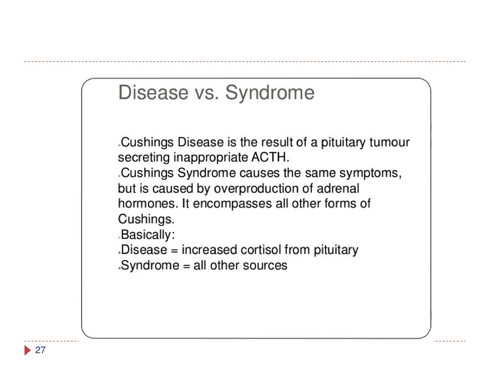A very important note on disease versus syndrome: Cushing disease versus Cushing syndrome. Cushing disease is the result of a pituitary tumor secreting inappropriate ACTH, while Cushing syndrome causes the same symptoms, but the problem here is caused by overproduction of an adrenal hormone, which is cortisol. So the syndrome is due to overproduction from the adrenal cortex, while the disease is the primary cause, which is pituitary adenomas.